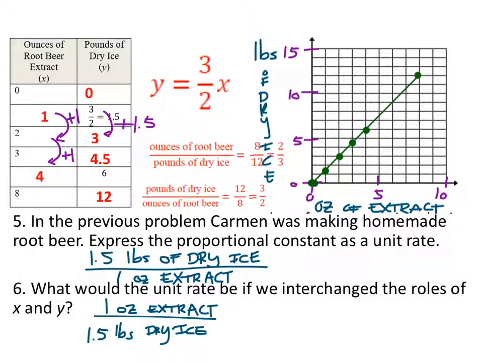So there's another ounce of root beer extract, and there's another 1.5 pounds of dry ice. And this pattern would continue, even though for 4 to 8, it adds 4 ounces of root beer extract for 6 pounds of dry ice. But as a ratio, these are all the same. So that's 1.5 divided by 1 is the same as 6 divided by 4.